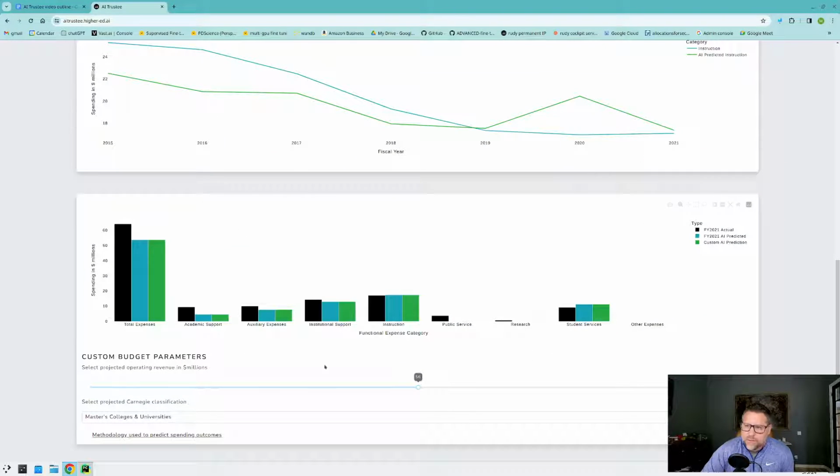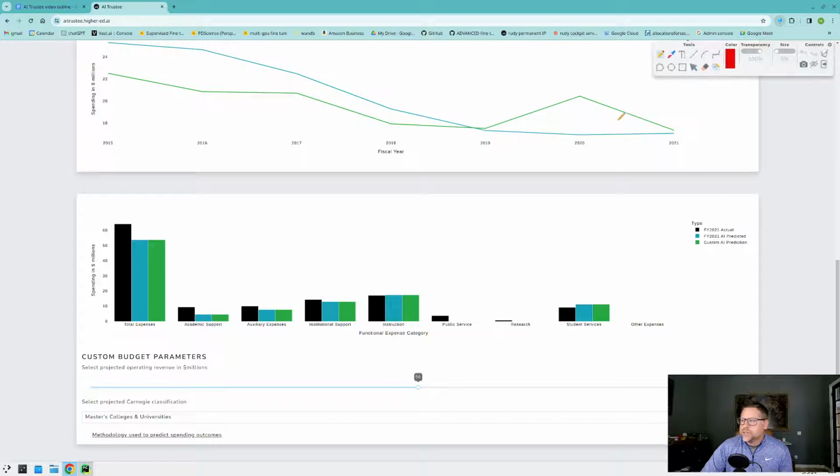And then finally, the bottom bar panel is showing relative allocation outcomes, looking at one time period, the most recent time period, and comparing total expenses to predicted expenses, and doing the same for all of the functional categories.